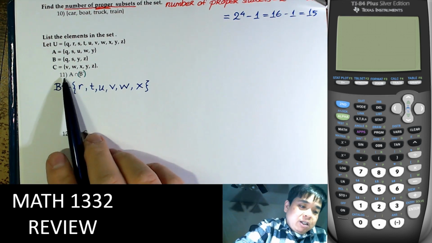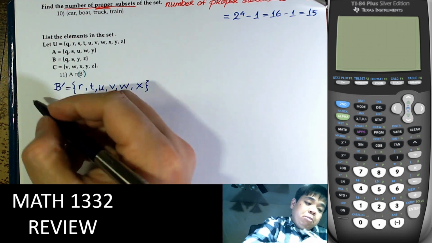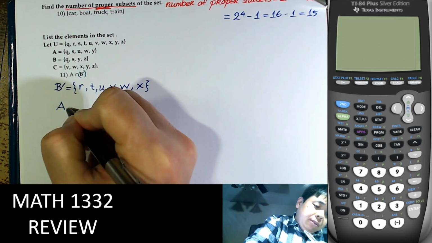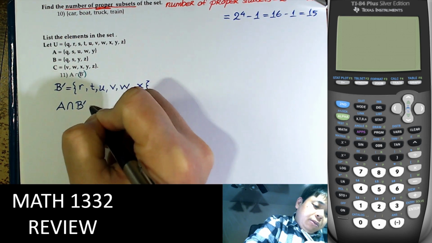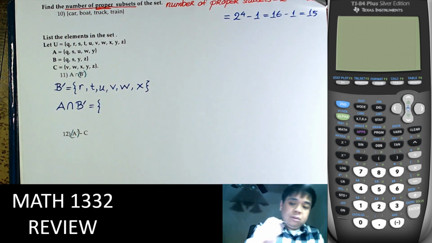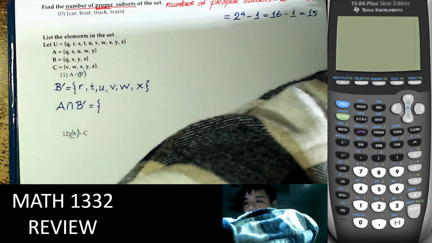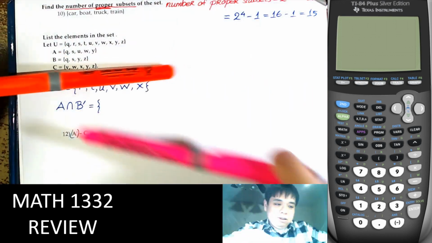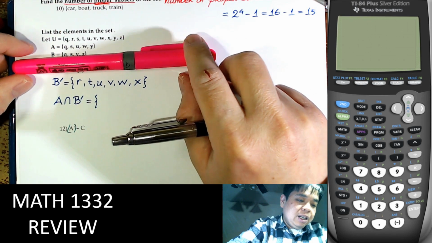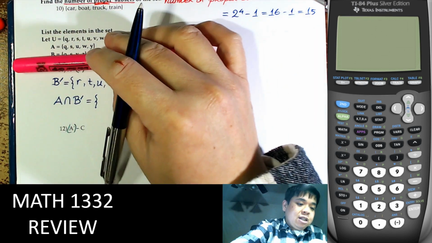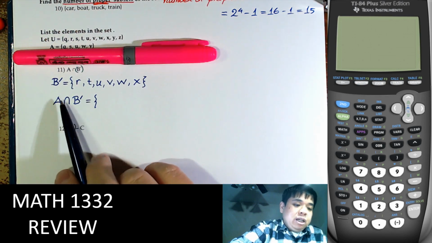Now the formula: what we have to find is A intersect with the complement of B. So A is that, and now this would be the complement.